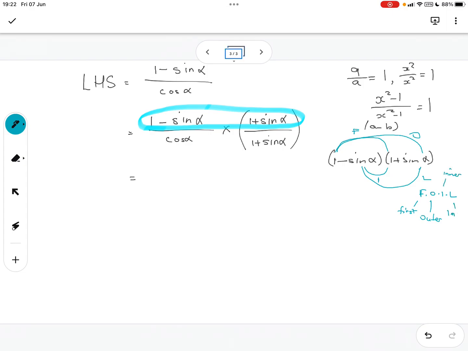I don't know if you know this. Did your educators ever teach you this? Distribution rule, multiplication of a binomial, difference of two squares.